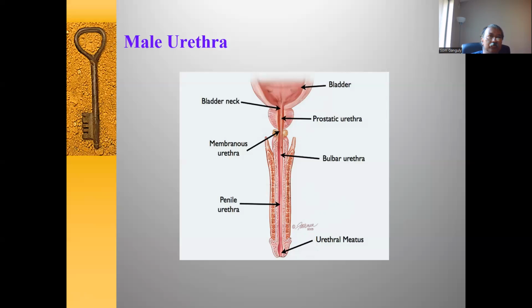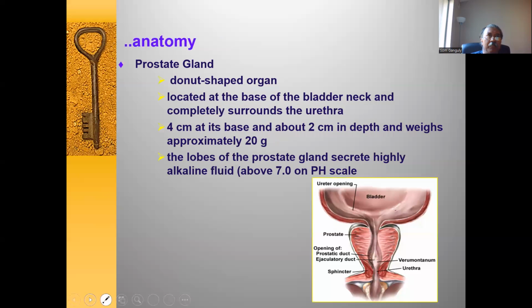We are going to see the prostate gland individually, because this gland hypertrophied and it causes obstruction of the urine transmission.